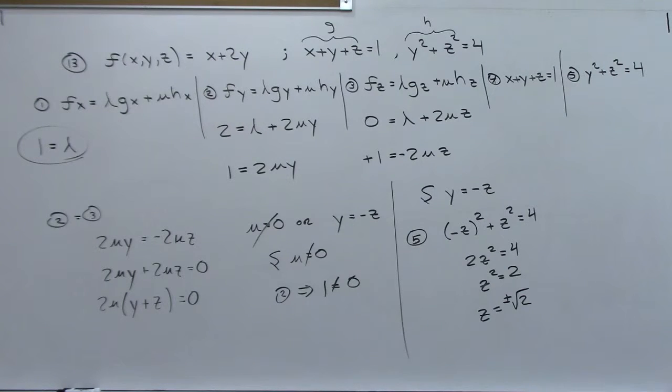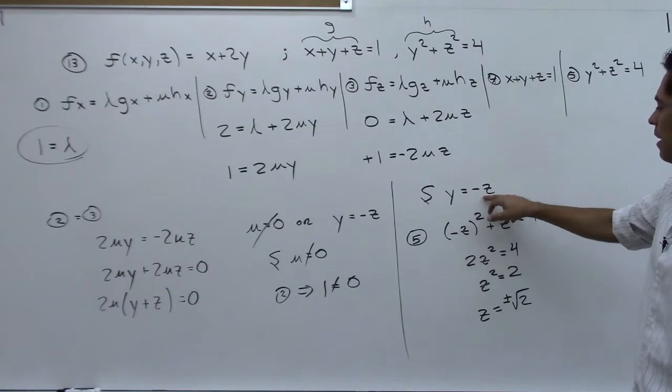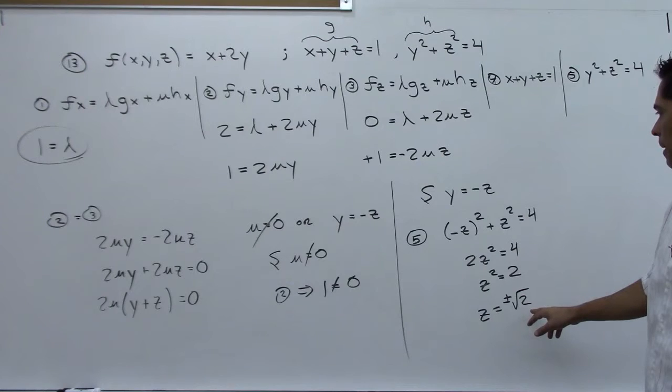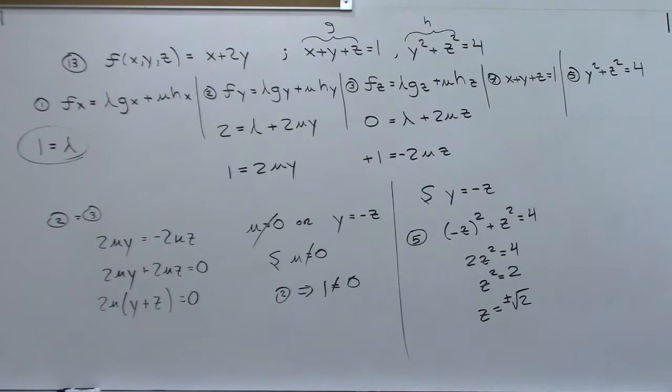All right, so here's what I got so far. If y is equal to negative z, then z has to be plus or minus root 2. And that means we could have z being root 2, and that would mean that y is equal to negative root 2. Oh, I'm off the camera.